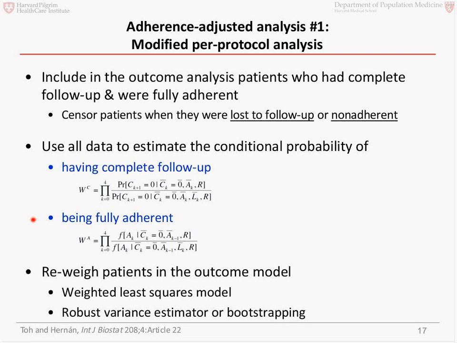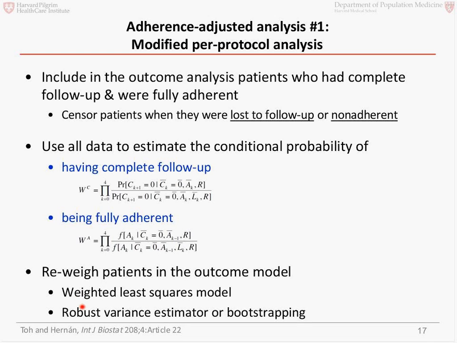After you get the weight, you feed it to a weighted outcome model, and in this analysis, we fit a weighted least square model. It depends on what your outcome is. If it is a binary outcome, you will fit a logistic regression model.